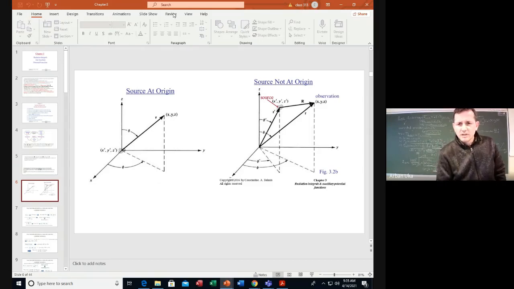It is the vector from the origin to the point of observation, minus the vector r prime, which is from the origin to the point where the source is. The difference between these two is simply the vector r.